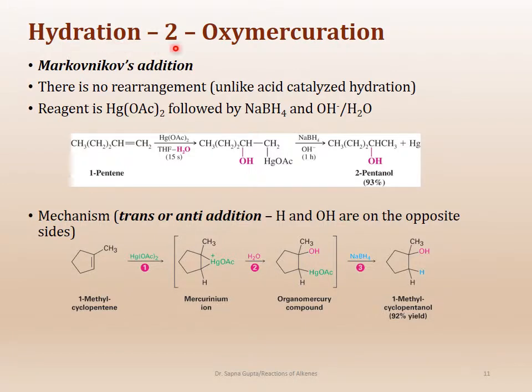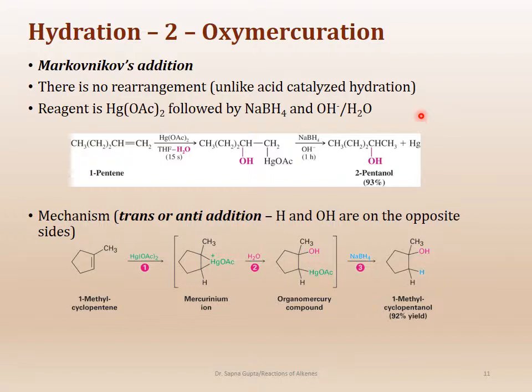The second reagent that we're going to talk about in hydration is what we call oxymercuration. Oxymercuration is where we use mercury diacetate as a reagent, and this is followed by NaBH4, sodium borohydride, in the presence of a base. Usually whenever you do a reaction, you have the reagent and then you have the workup in the lab.